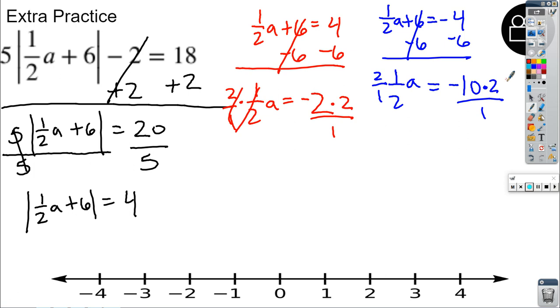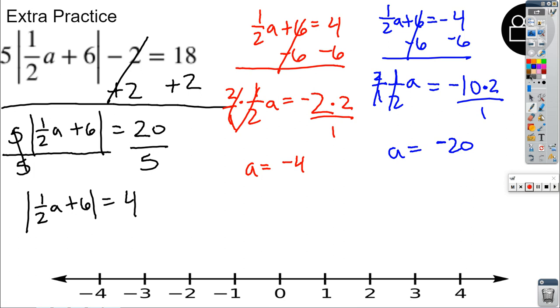And now I'm left with a should be equal to negative 2 times 2. That would be negative 4 over 1. It basically makes it a whole number, so that's what I'm going to leave it as. And this part cancels. A therefore equals negative 10 times 2, negative 20. And so those are my two values here, or my two solutions.